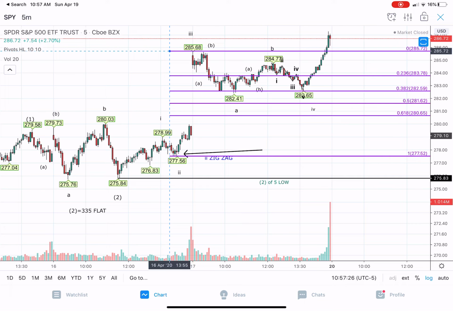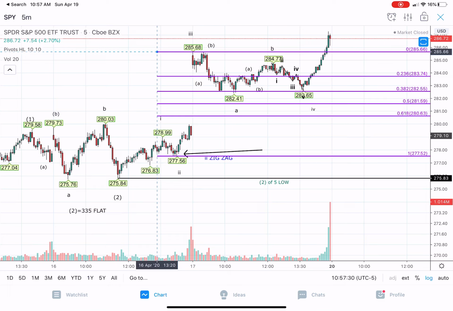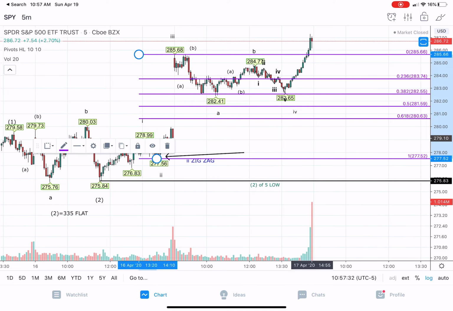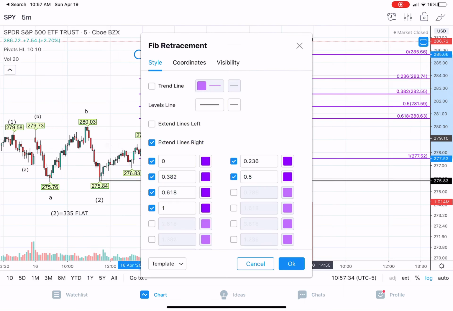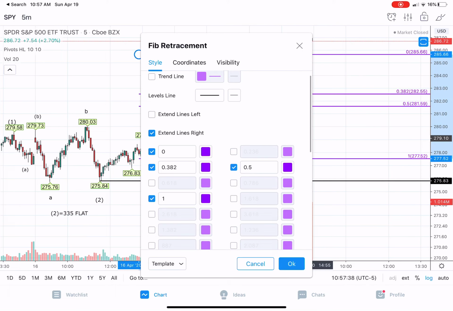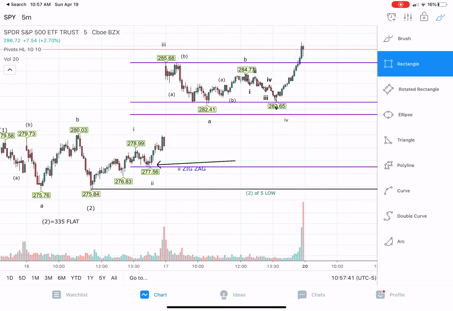And we know that wave 4 tends to retrace anywhere from 38.2% to 50% the length of wave 2 to 3. So I take these unnecessary fibs out because I know what the typical retracements are.